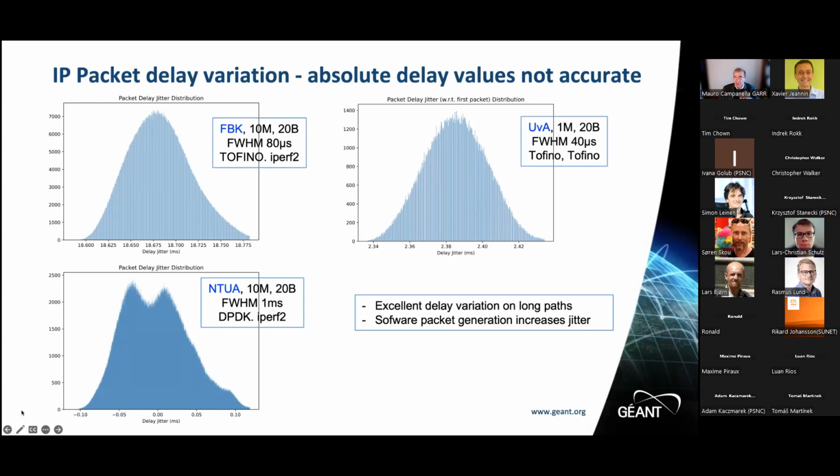Here, the packets are generated at 1 meg by the Tofino itself in hardware, so they are much more precise. We will see some plots later to describe the high precision of such a source.